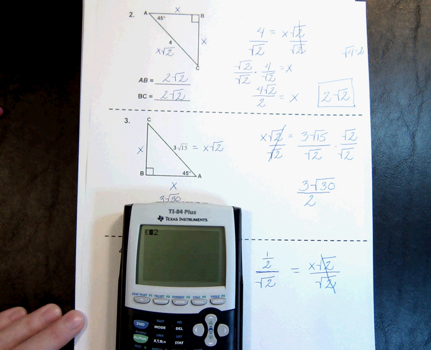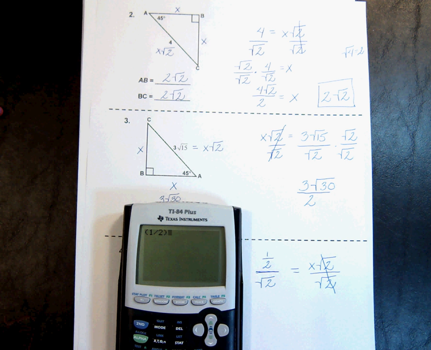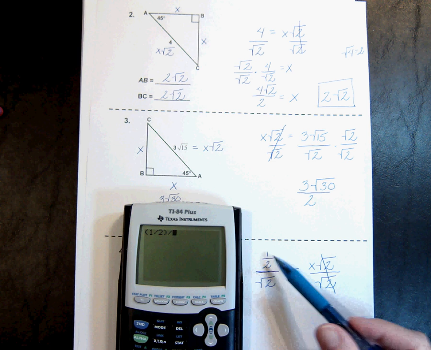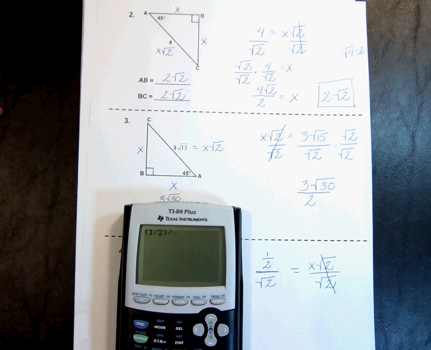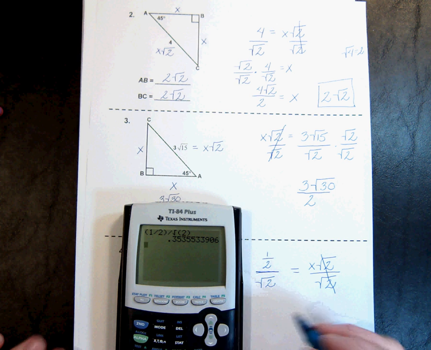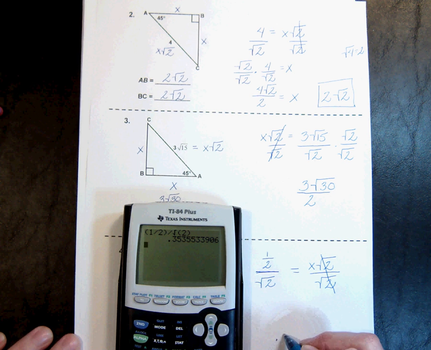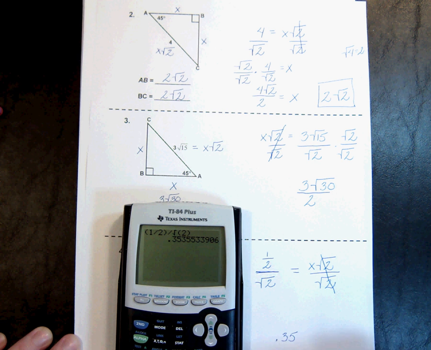If you keep this in parentheses, then it will actually do the division. It does the order of operations for you. You're dividing the whole 1/2 by the square root of 2. That's going to give you a decimal value of 0.35. Just go ahead and round it to the hundredths place.